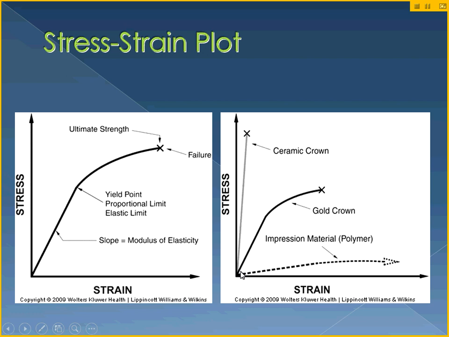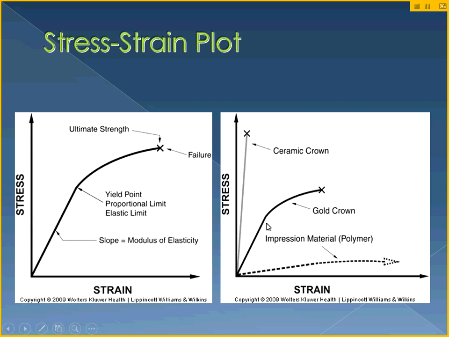When we look at strain, and we talk about different materials and their ability to undergo stress and strain, compared to the stress and strain curve over here, you can see something like impression material is really low. This material doesn't need much for it to undergo significant permanent changes.